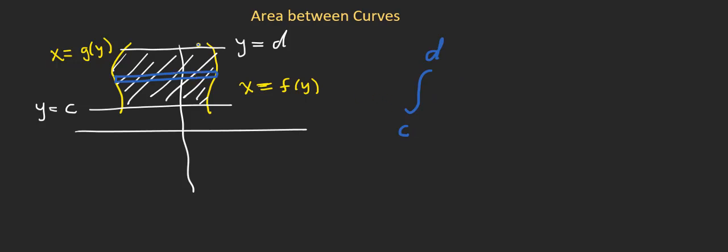And instead of top minus the bottom, in order to find the length of this, it has to be right minus the left. And instead of dx, notice, the width of this rectangle is going to be not dx, but dy.